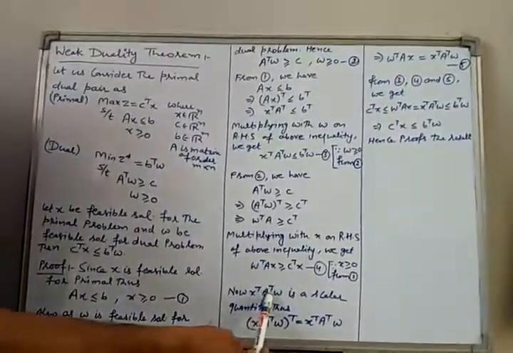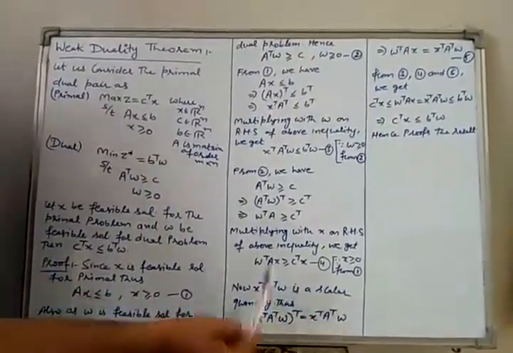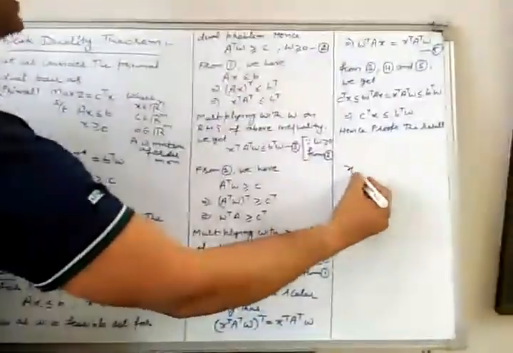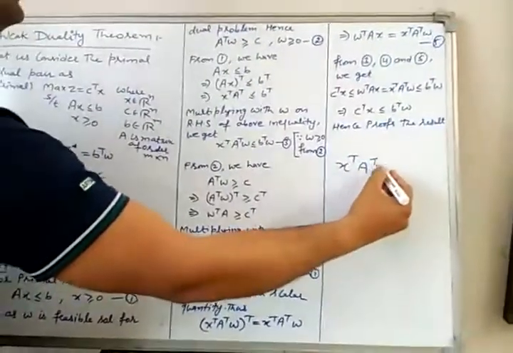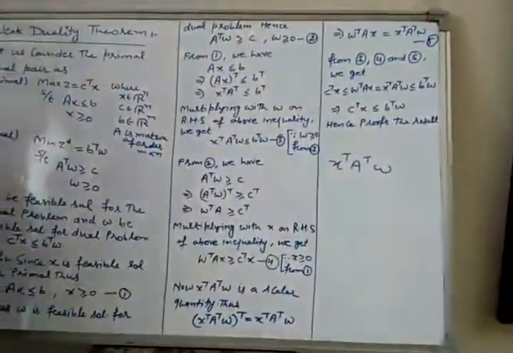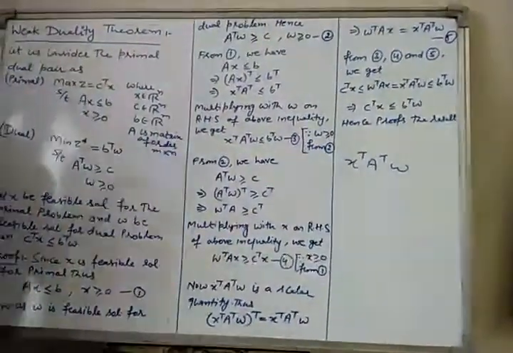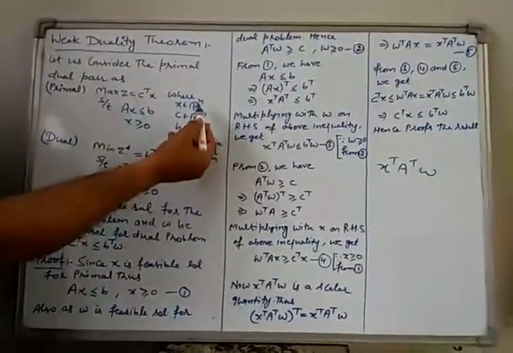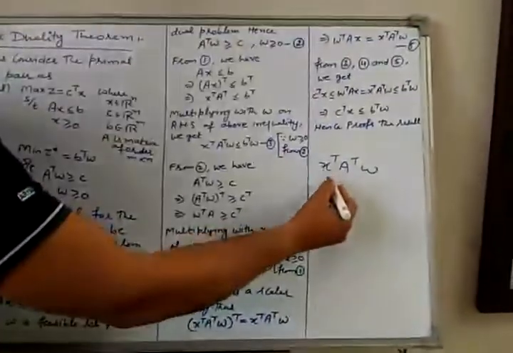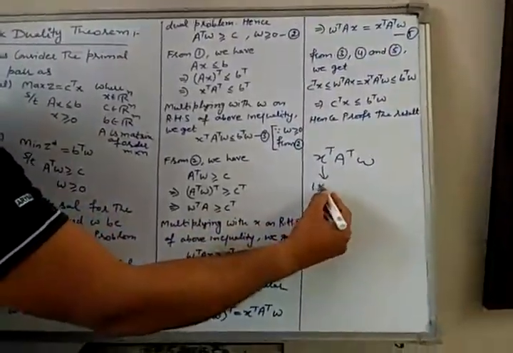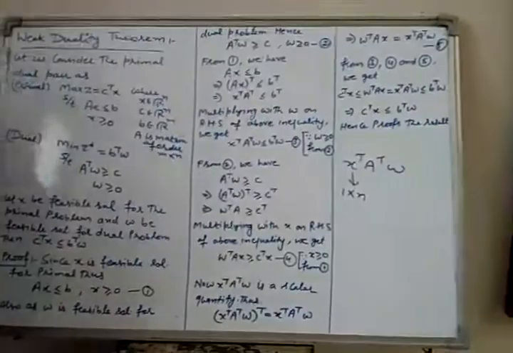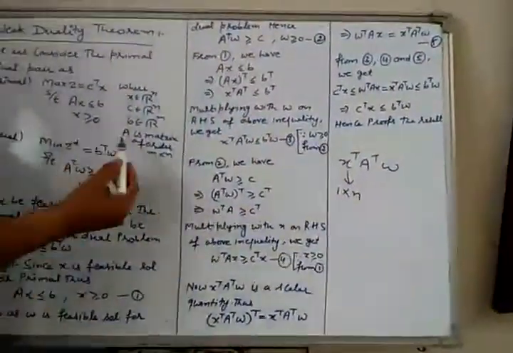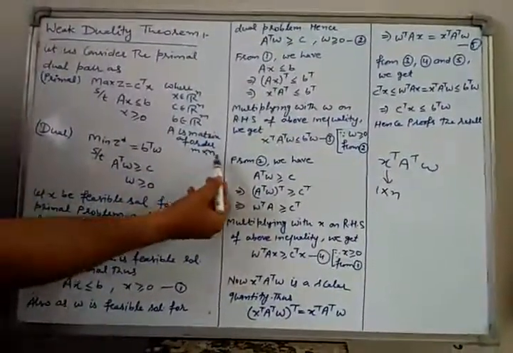Now X transpose A transpose W is a scalar quantity. How is this a scalar quantity? We have X transpose A transpose W. Now we look at how it is a scalar quantity. X is an n-dimensional vector. Therefore, X transpose is of order 1 cross n. Now A is a matrix of order m cross n.